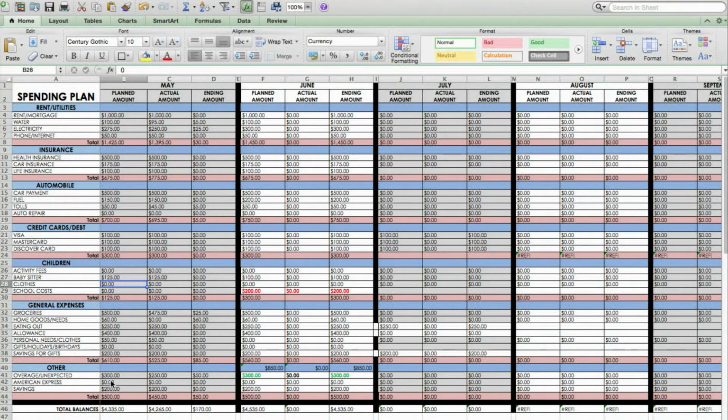And this is where I would encourage you to put an amount in case you did go over and you didn't have any positive boundary accounts, you can pull money from this boundary account to replace money that you overspent.